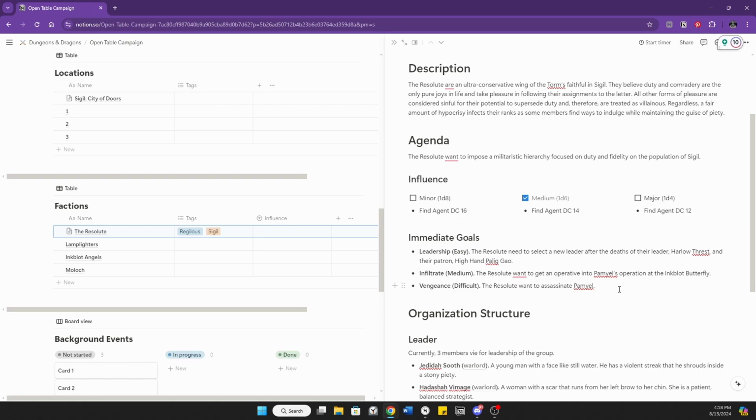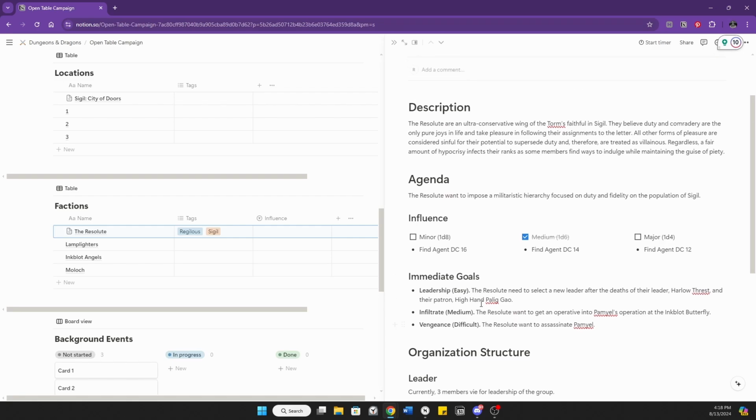They're currently in the Feywild. And meanwhile, the Resolute are trying to select a new leader. Now, I've said that this is an easy goal, which means I'm going to be assigning an easy progress clock to this. Same for Infiltrate being a medium and Vengeance being a difficult goal, right?